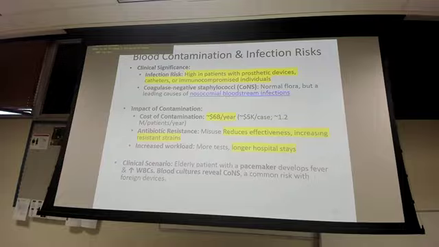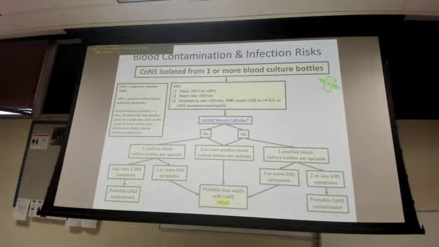This slide says the impact of contamination costs $6 billion a year. Then there's antibiotic resistance, where MRSA, methicillin-resistant Staphylococcus aureus, resistant strains come from, and contamination also brings an increased workload. Because it's the money slide, you know this is important. You will see this breakdown on your test, okay?